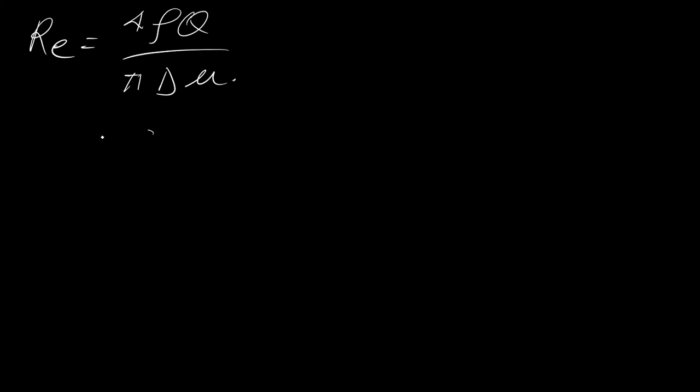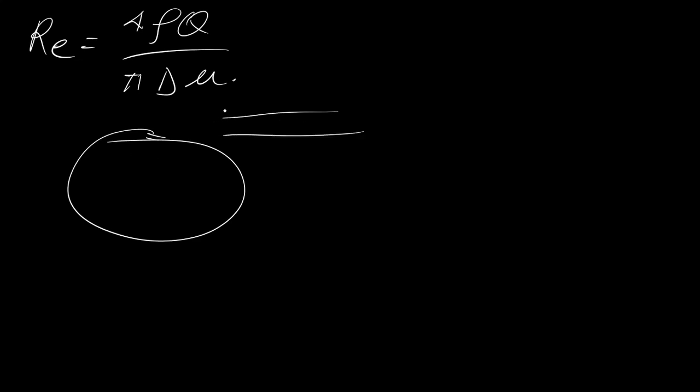Again, according to the law of conservation of mass, if a gas is flowing from here, the mass of gas entering into a pipe is equal to the mass of gas leaving that pipe. So let's say this is section 1, this is section 2.